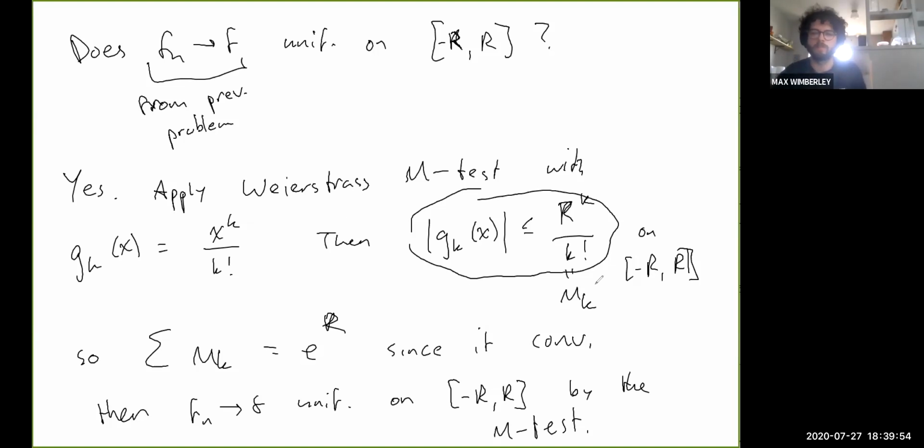So that's one nice side effect of this. Even though the convergence is not uniform on all of R simultaneously, you can get around that and show that e to the x is continuous everywhere.